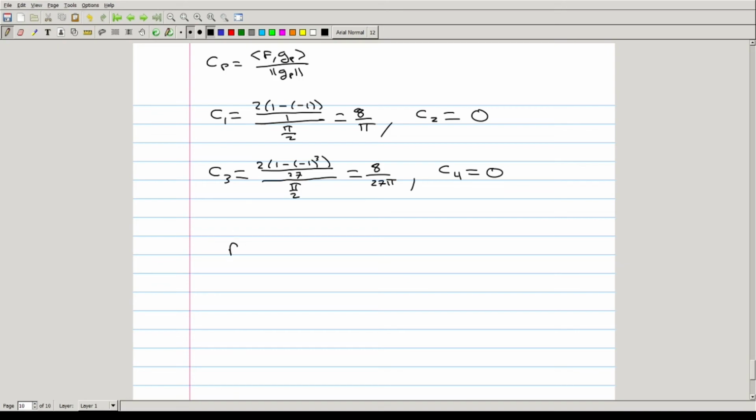So then our approximation function, FA, becomes 8 over pi times sine of x plus 1 over 27 times sine of 3x.